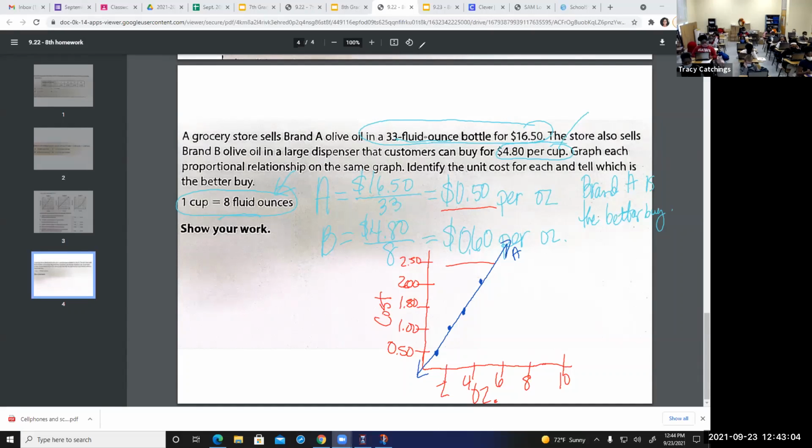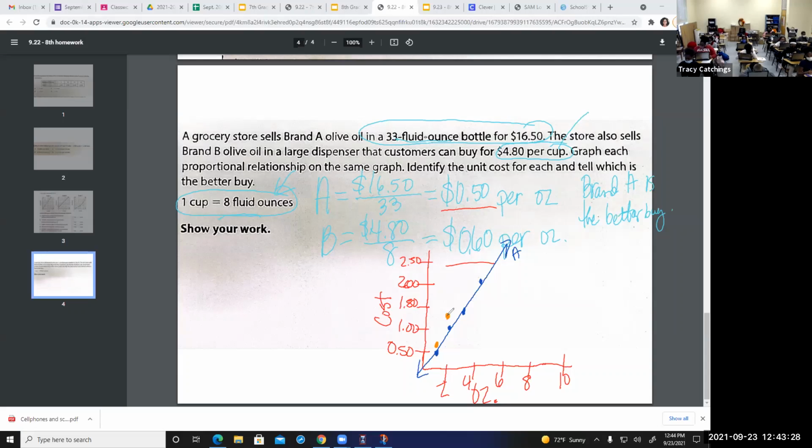All right, B. The unit cost was how much? 60 cents. So that's a little bit above 50. If I get 2 of them, how much am I paying? 120. 60 and 60 is 120. So that's almost at half. If I get 3, how much am I paying? $1.80.